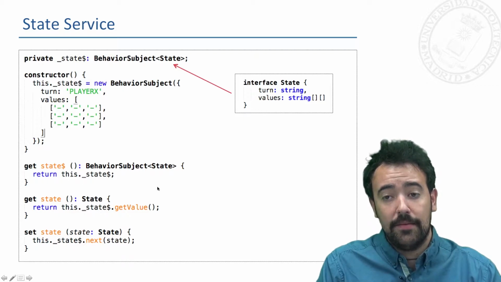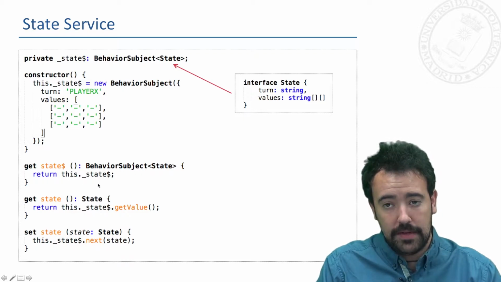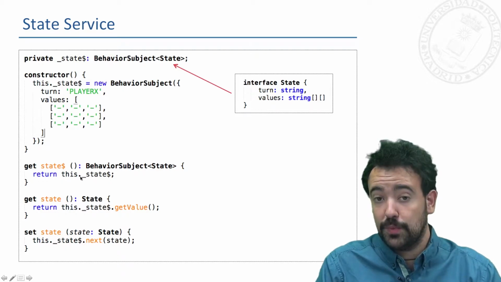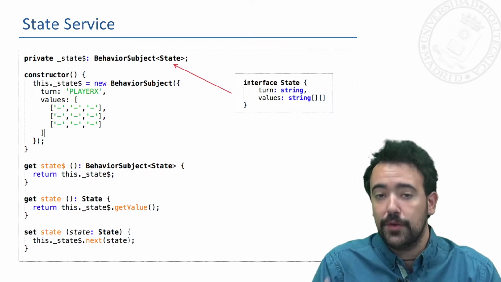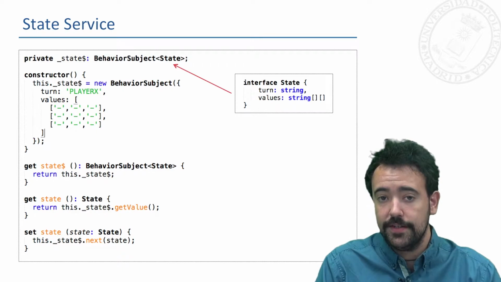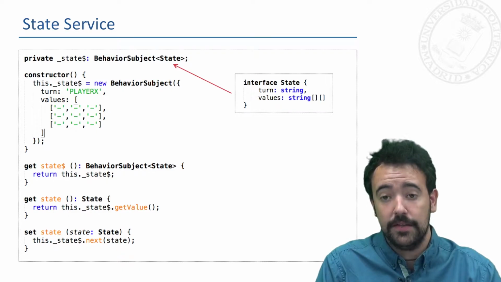In order to get the value of the behavior subject, as you can see here, we are returning the object that corresponds to the behavior subject and will be used by components in order to subscribe to changes in the state. And then we have two methods for getting and setting the actual value of the state.